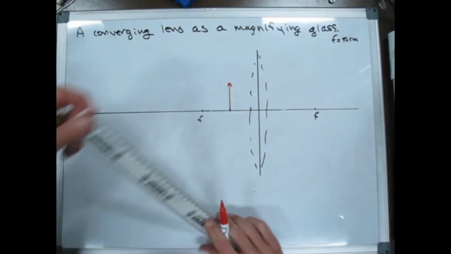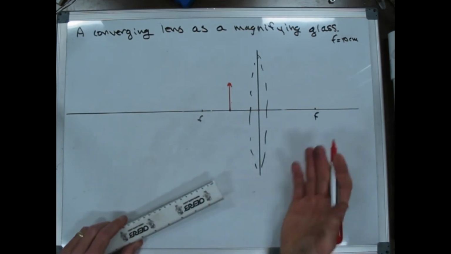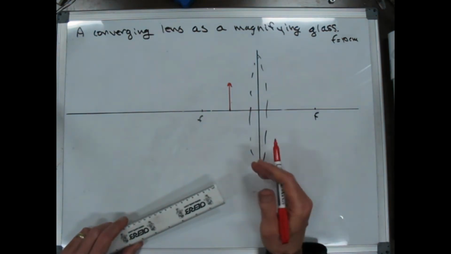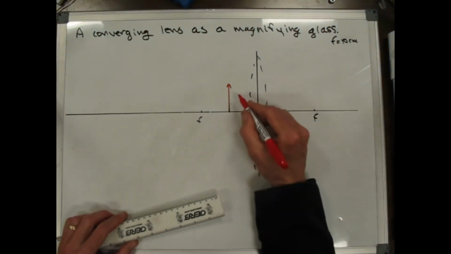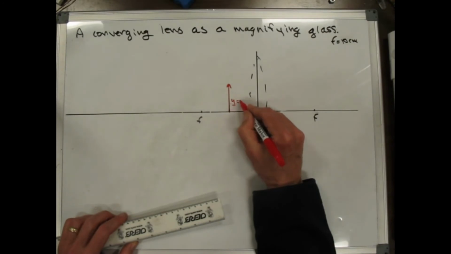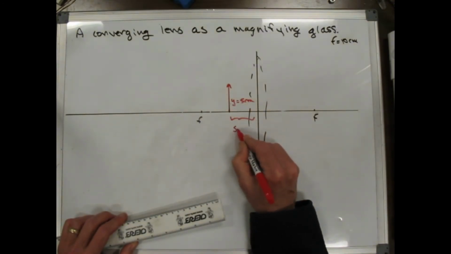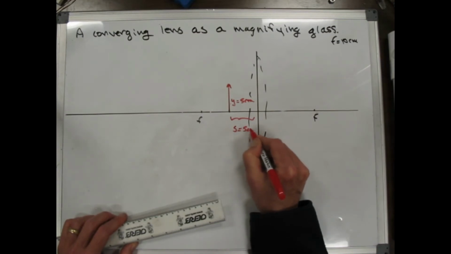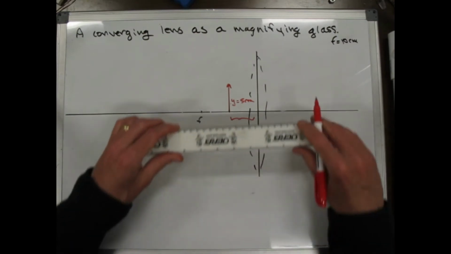It's 5 centimeters tall. And now I'm going to use principal rays again to determine where my image is. And so this gives me y is equal to 5 centimeters. This gives me my object distance is 5 centimeters also. Right? I don't think that'll create any unnecessary complications.